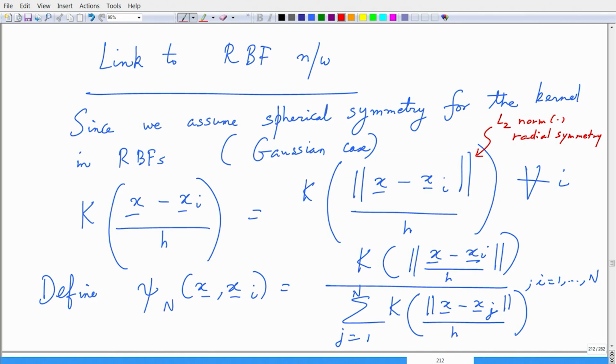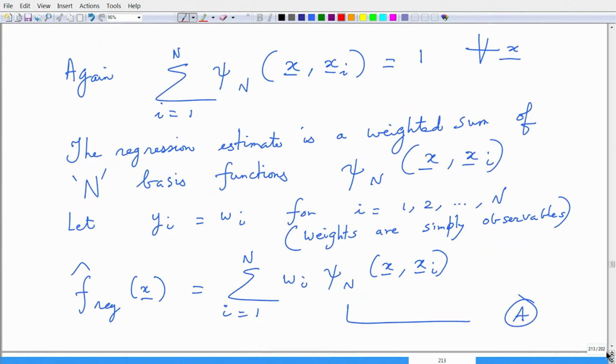So, this is like the weighting function that we discussed during the NWRE estimator. Now, we take this and plug it into our regression function.